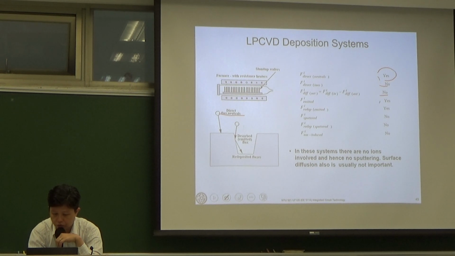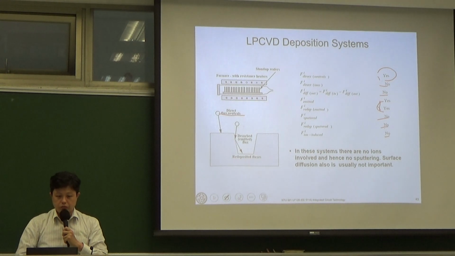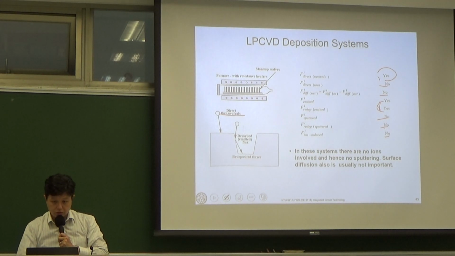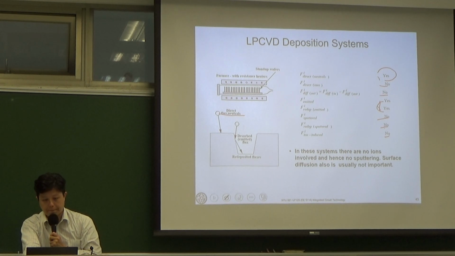It has emit and redeposition, but in the LPCVD they don't have sputter terms and no ion induced. Because you don't have plasma, you only have neutrals here. There's no ion involved and no sputtering, and your surface diffusion usually is not important here.